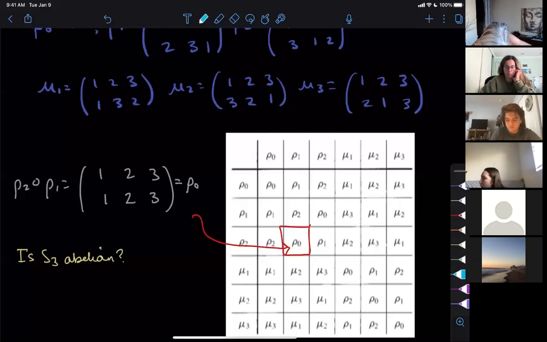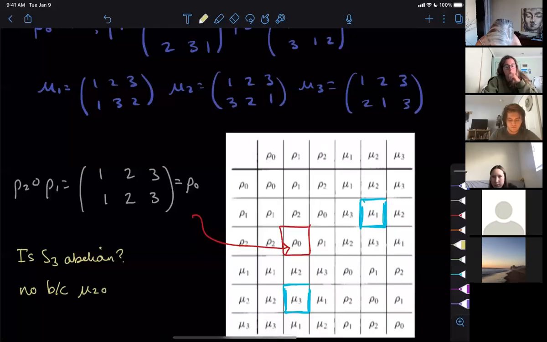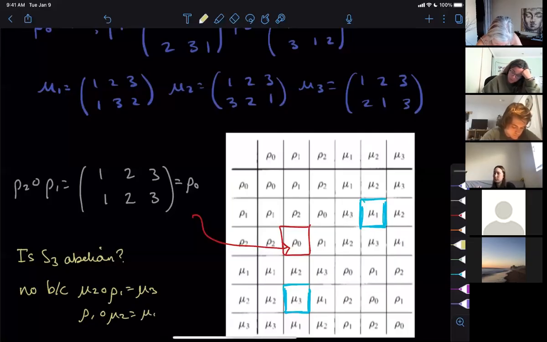If I've got mu2 row 1, I haven't checked it, but is that the same thing as row 1 mu2? It's not. So no, not abelian. mu2 follows row 1 is mu3. Row 1 follows mu2 is mu1. Not the same.